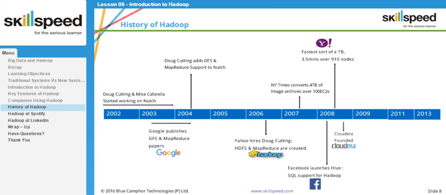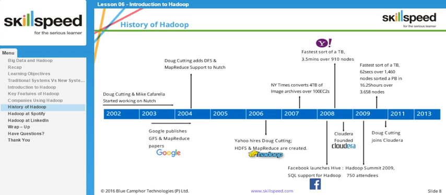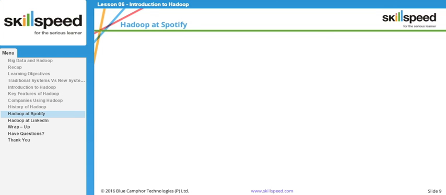In 2009, there was a Hadoop summit with 750 attendees. In 2011, Doug Cutting joined Cloudera, and we had the Hadoop 1.0 version. Hadoop version 2 was released in 2013. So this is a brief history of Hadoop.